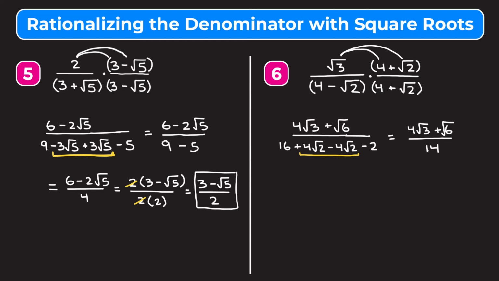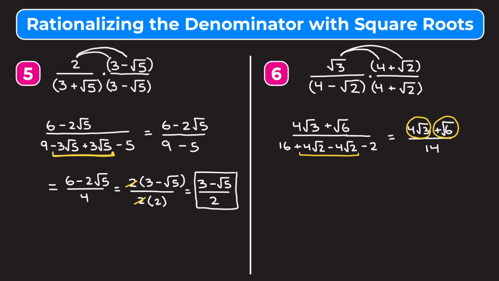We cannot simplify this one, and I'm going to show you guys why, because a lot of students think that we can. While the 4 and the 14 both have a common factor, the root 6 doesn't have a number on the outside that has a common factor. So basically, I can't pull out anything that this 4 root 3 and this positive root 6 have in common. I can't factor out a 2.